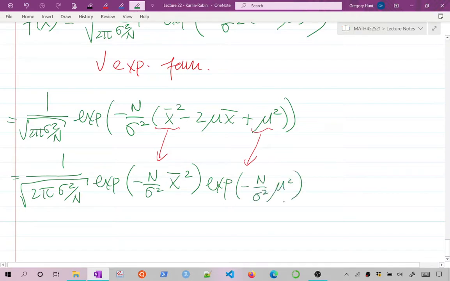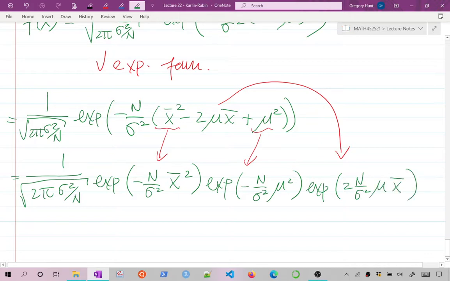That's going to end up in c of mu. And then this final term ends up as exponential of negative n over sigma squared times negative 2 mu x bar, so the negative cancels, 2 mu x bar.